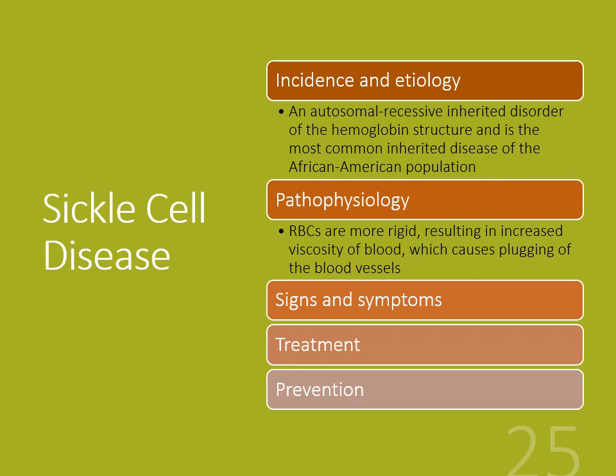And it creates a variety of complications that we as respiratory therapists deal with, including acute chest syndrome, cardiomegaly, left ventricular failure, splenectomy, and renal disease. Pulmonary complications are the primary cause of illness that we see, and death in patients with sickle cell disorder.